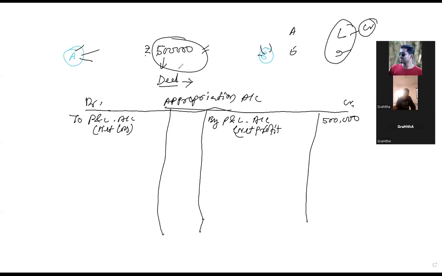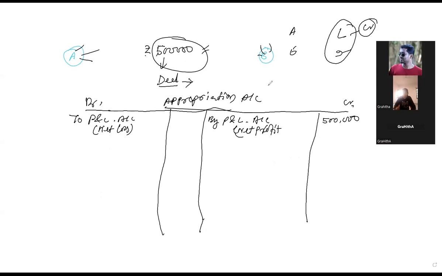Now, by using the 5 lakh rupees, what are the things we are supposed to pay first? First, I am thinking about the expenses side, the expenses the firm is going to pay.